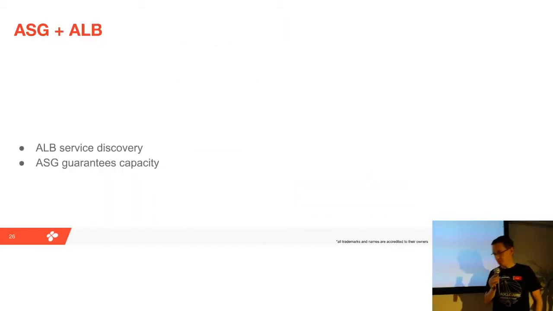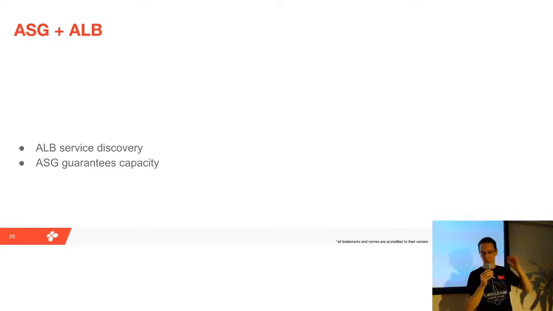Something that wasn't thoroughly explained before is the service discovery. Is anyone here using ASG and ALB together, or ELB for that matter, doesn't really matter? I see one hand, not that many. So in essence what happens during our deployment is that we tell Amazon, here is the standard dummy image that we have for all the auto-deployed machines.